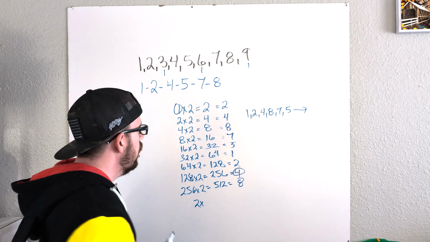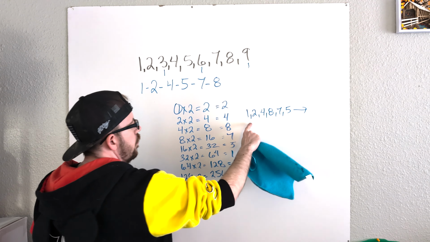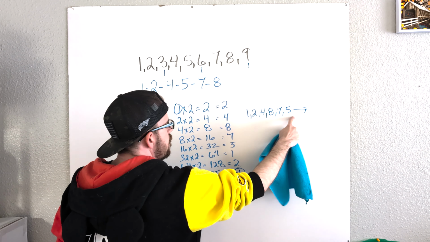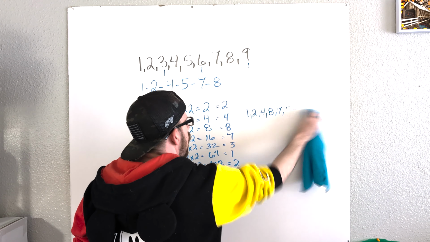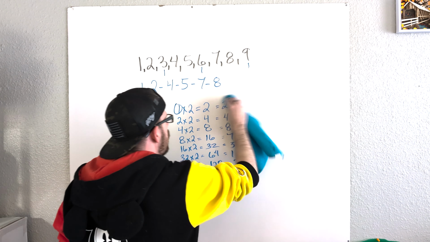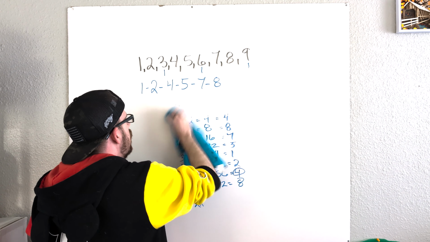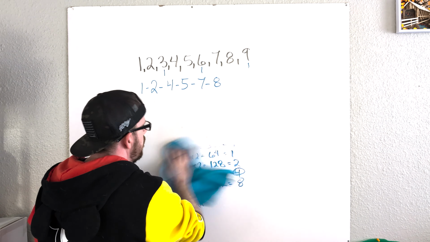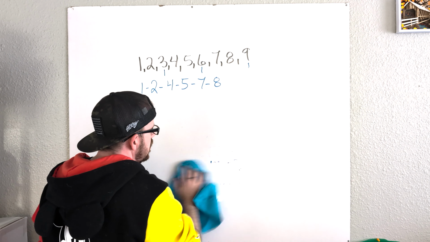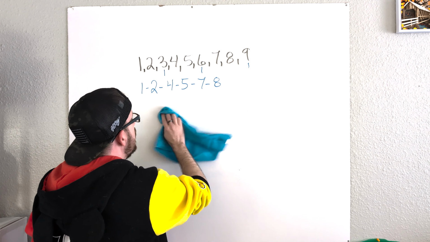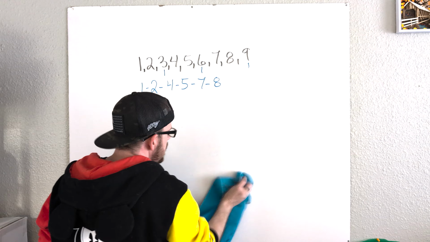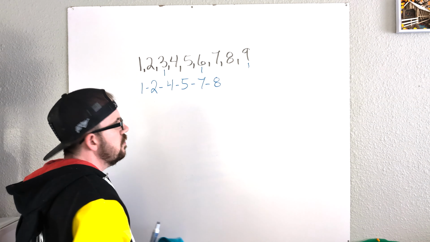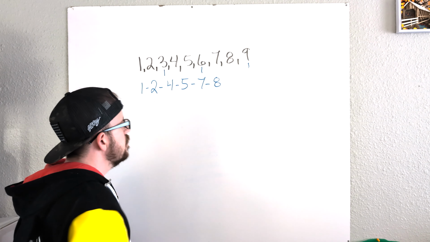Okay, so now that we know that when we double by 2, we end up creating 1, 2, 4, 8, 7, 5 to infinity, what happens when we start with 3 and 6? Right? Nikola Tesla said, if you only knew the magnificence of 3, 6, and 9, you would have a key to the universe. Well, what was he talking about? Let's find out.